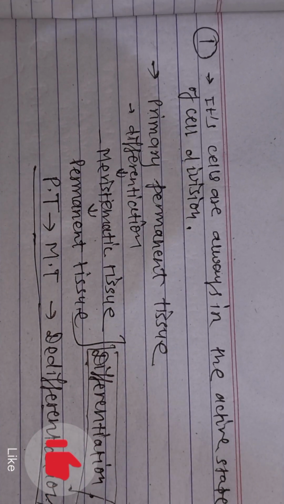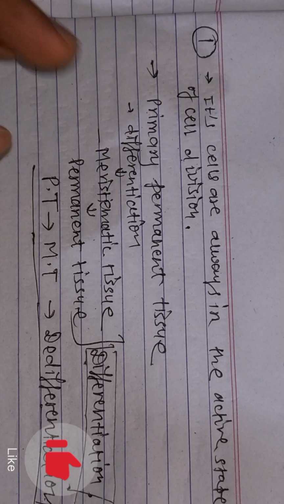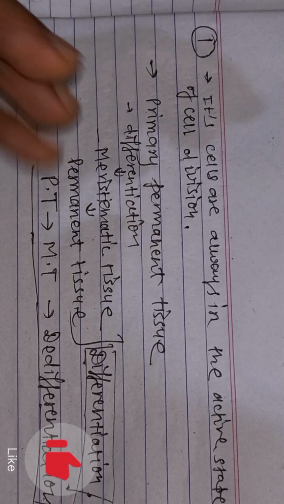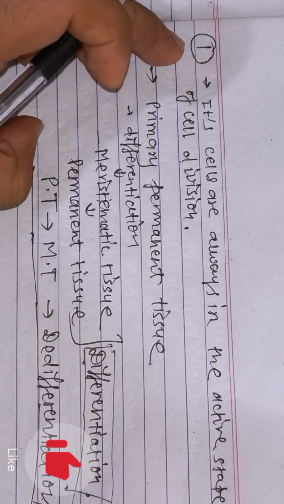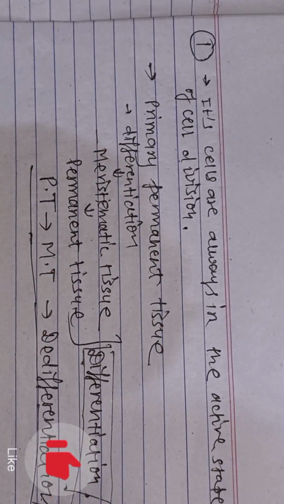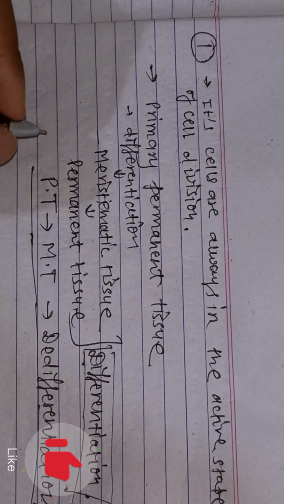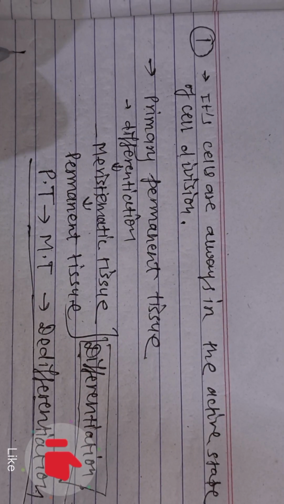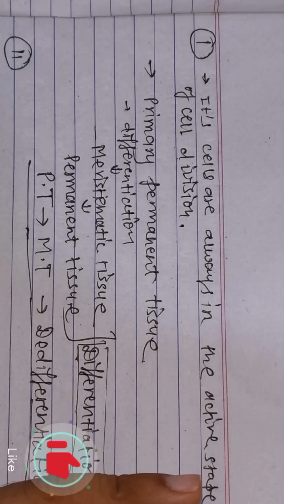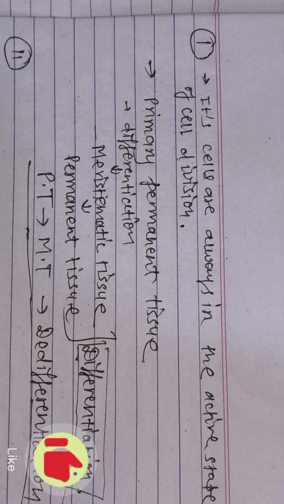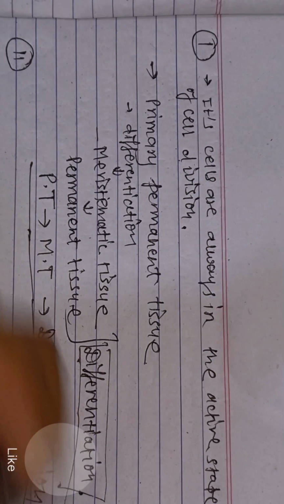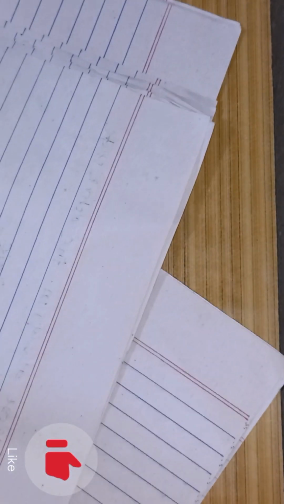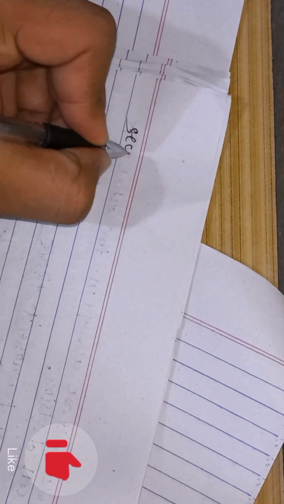Now, as promeristem forms the primary meristem, primary meristem forms this primary permanent tissue, and this primary meristem also forms the secondary meristem. It's not a direct process. Primary meristem first forms the primary permanent tissue, and this primary permanent tissue forms secondary meristem.